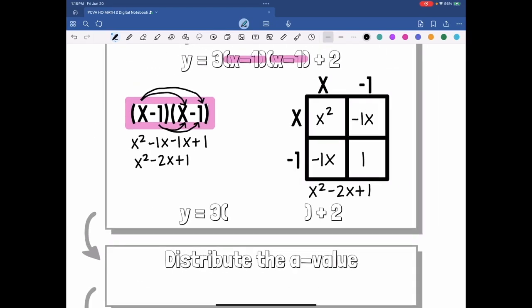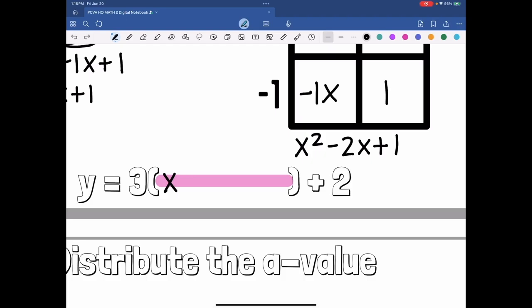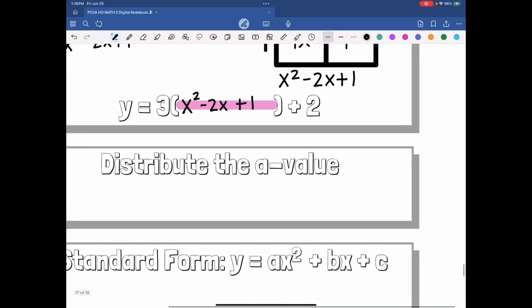So what does that mean? We now take what we just multiplied, and we apply it back where it came from in the equation. So we got x squared minus 2x plus 1. Now, why would we want to do that? Because now we're going to distribute that a value.